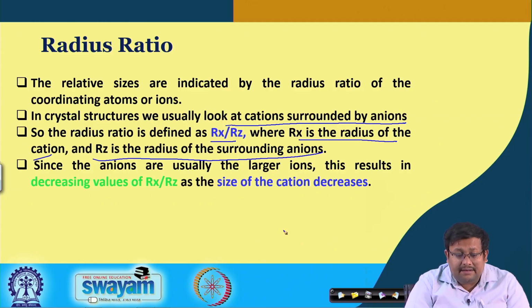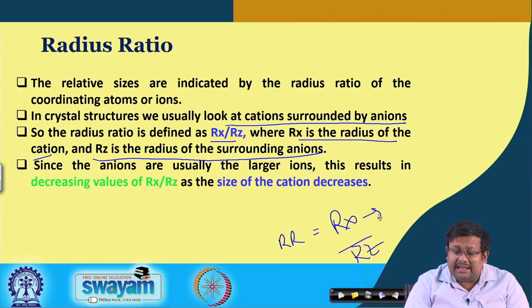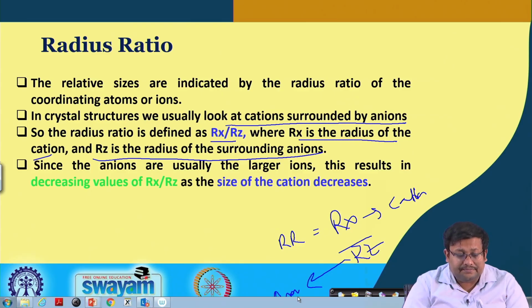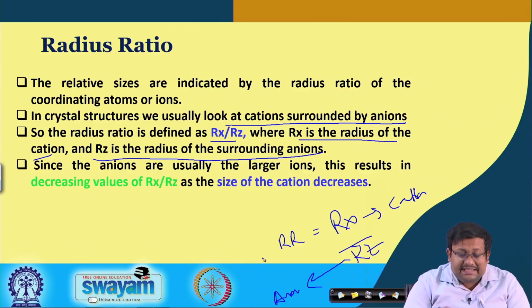Basically, the radius ratio is the ratio of the radius of the cations to the radius of the surrounding anions.